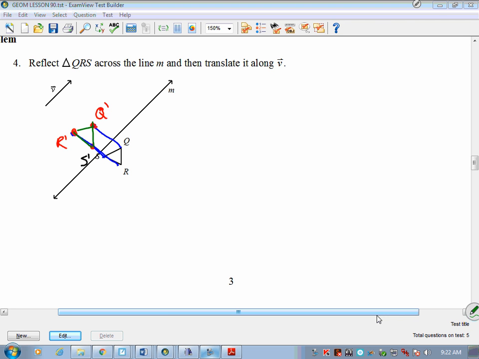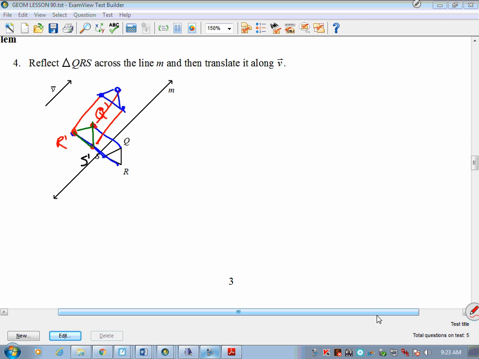The next thing that they want us to do is to translate it along vector v. So we want to be parallel with vector v as we move across. So I'll do kind of that part for us, so that we would move across parallel till we got something that maintained that basic shape.